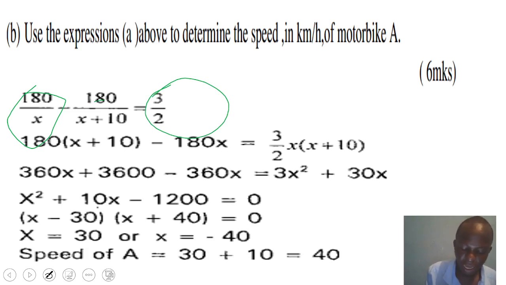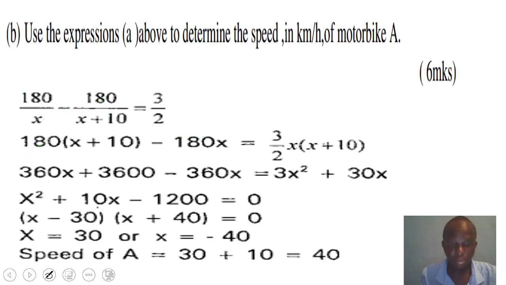Then you multiply by x where we don't have x. Here x has already cancelled out, so multiply by x. There is no x; what you have is x plus 10. Here we don't have x plus 10; it is x. And then here it has both x and x plus 10.